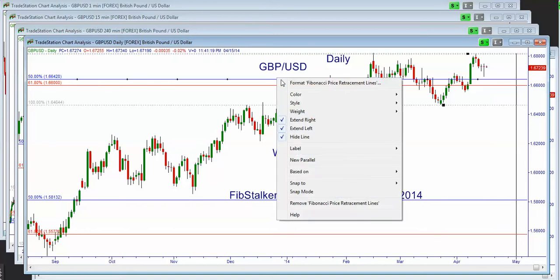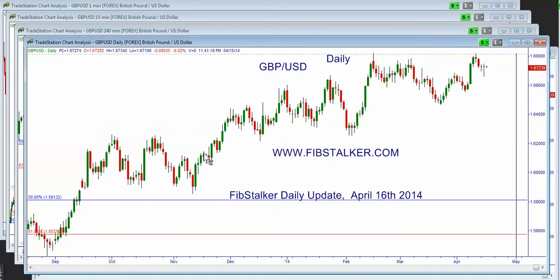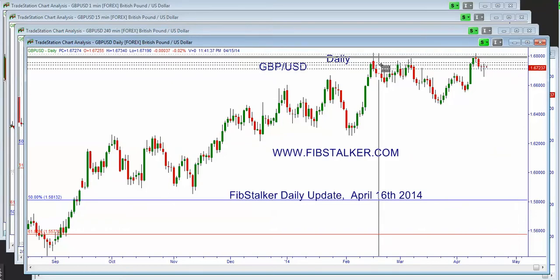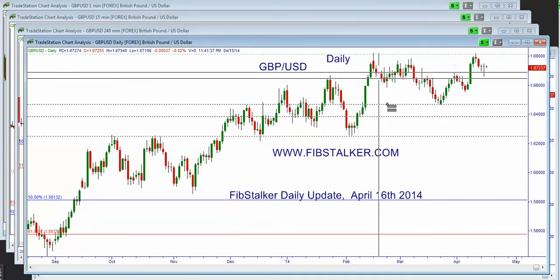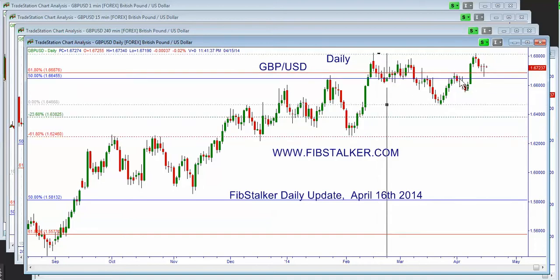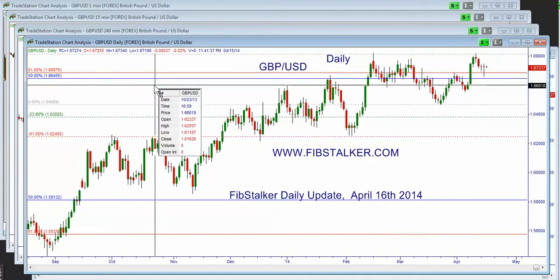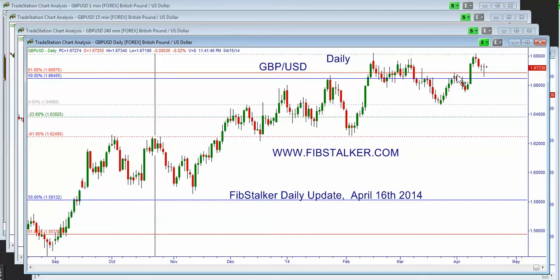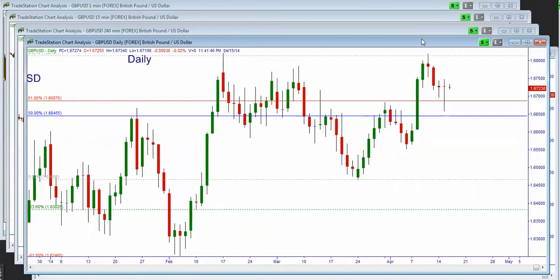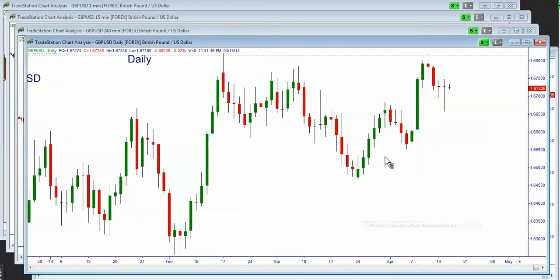As you will remember, I was looking for a continuation lower here, just like for the euro, and we had this nice measured move short here, which started working and gave us a free risk trade. But then the sequence of measured moves on the 15 minutes of these 4 red bars failed, and we saw price moving higher.